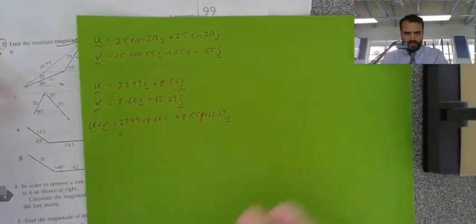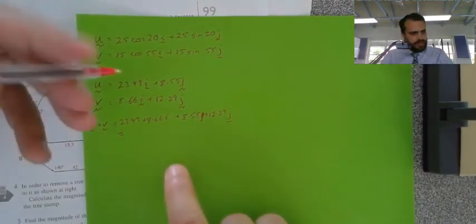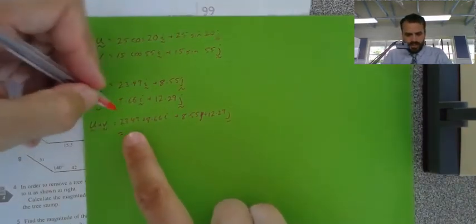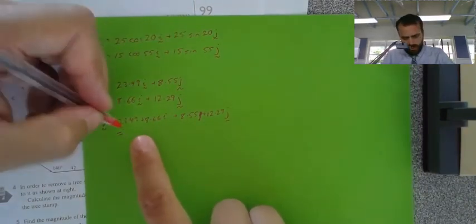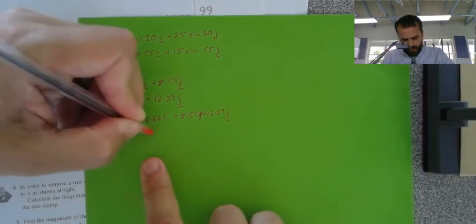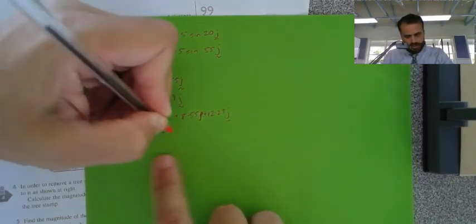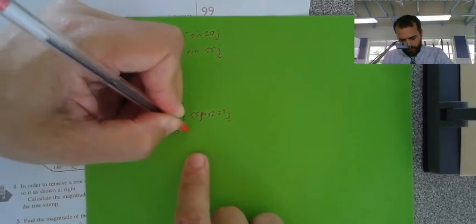Alright, add them together on your calculator and you get 32.15 i plus 20.84 j.